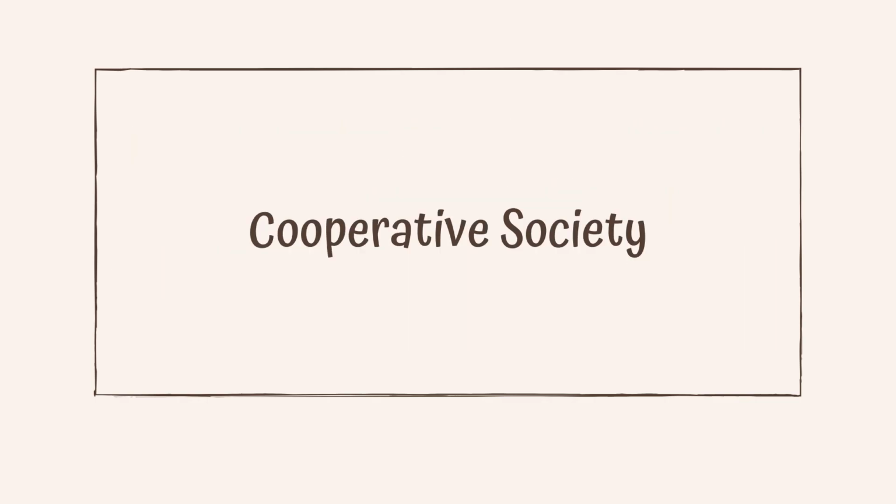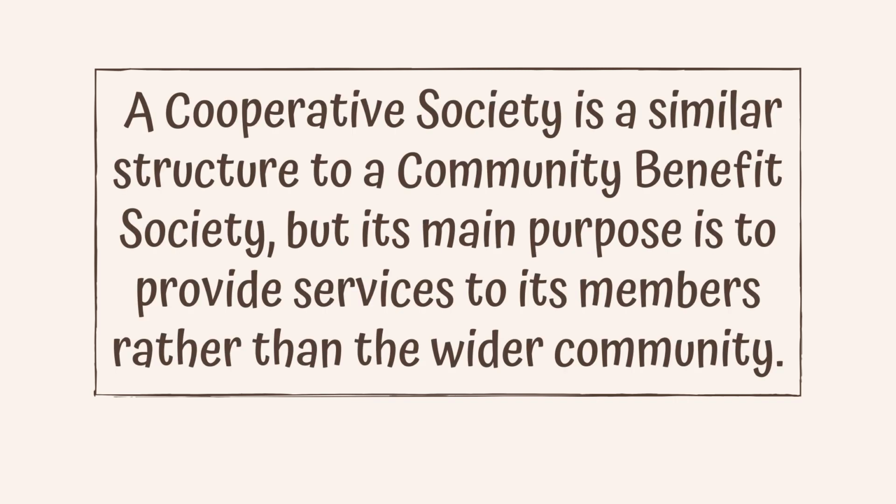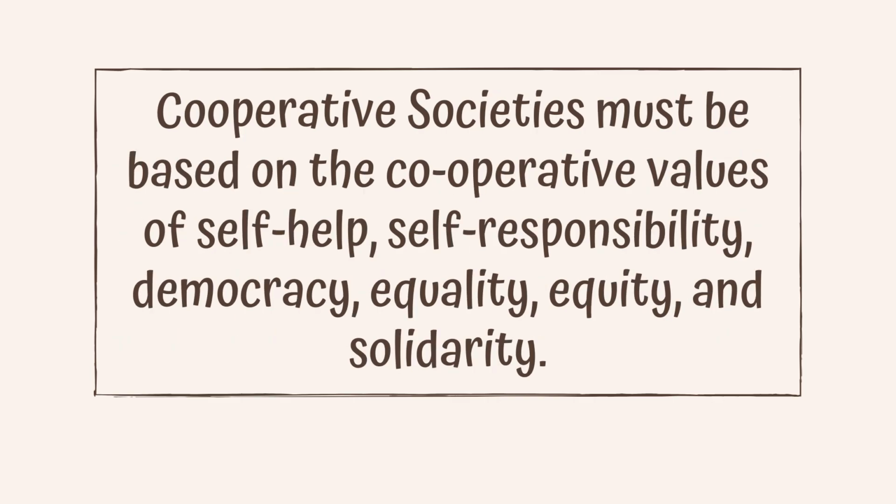A cooperative society. A cooperative society is a similar structure to a community benefit society, but its main purpose is to provide services to its members rather than to the wider community. Cooperative societies must be based on the cooperative values of self-help, self-responsibility, democracy, equality, equity and solidarity.